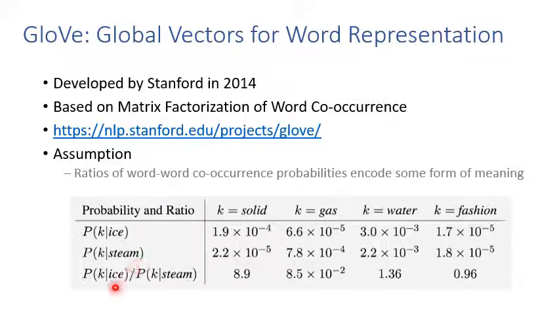If we divide the conditional probability of K given ice by K given steam, we will see that solid has the highest score, which may mean that ice removes the steam possibility, meaning that ice is solid. So that's the assumption of GloVe.